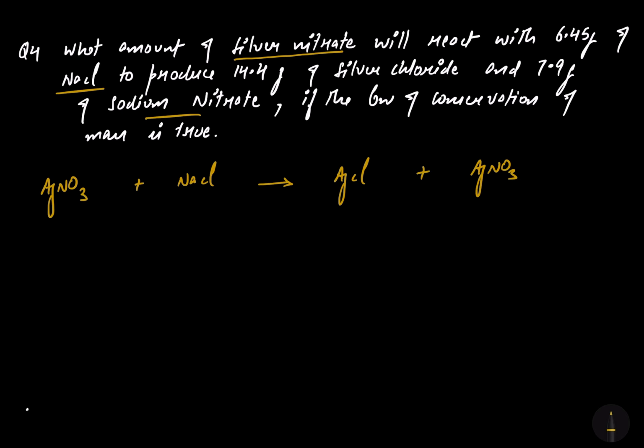Then the question is, what amount of silver nitrate, AgNO3, I have to evaluate, will react with 6.45 grams of NaCl to produce 14.4 gram of silver chloride and 7.9 gram of sodium nitrate, NaNO3. This comes out to be 7.9 grams.